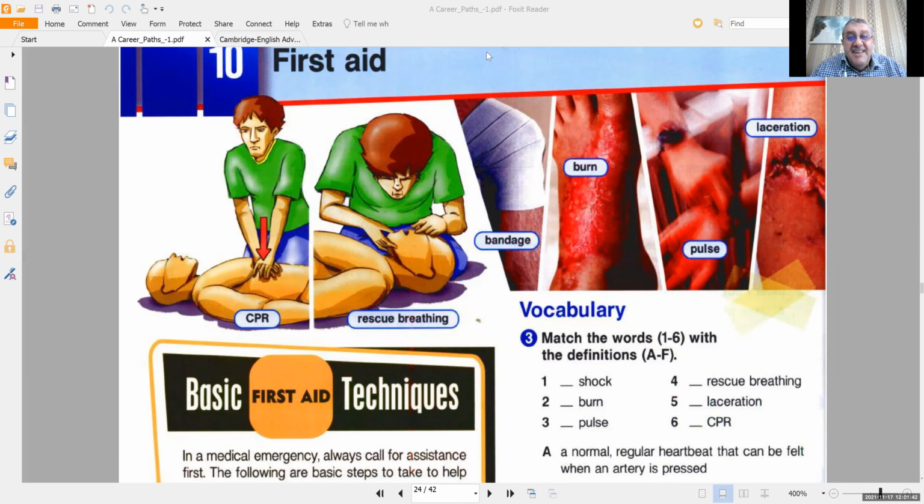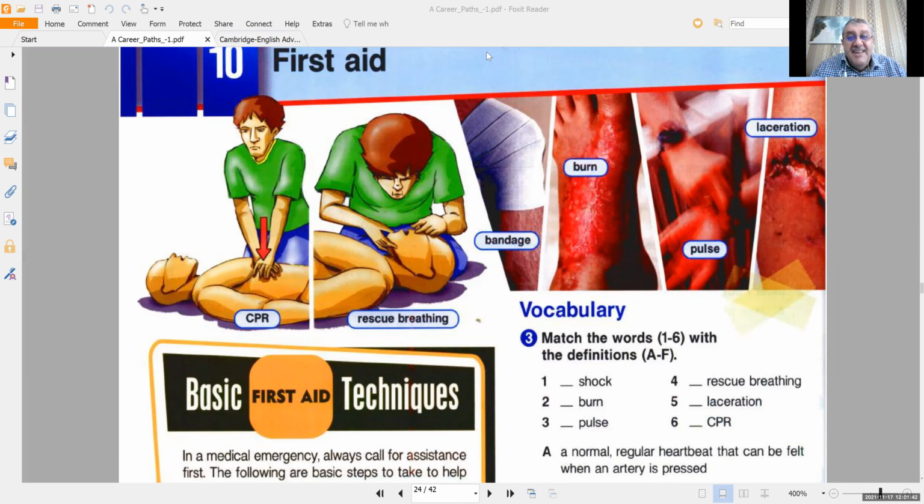Laceration is C: an open injury caused by a hard impact to soft body tissue. And finally, CPR is number B: a first aid procedure involving chest compression and artificial breathing. So these are the vocabulary and matching.